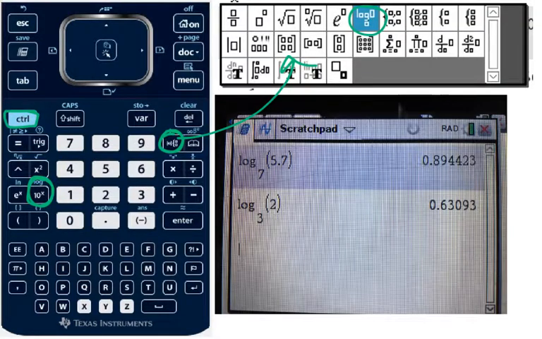So when I do that, as you can see, we get log base 7 of 5, 0.8944, rounding to the nearest thousandth would be 3 places, so 0.894. Then 0.6309 would round up to 0.631. Okay, so that's for 7 and 8.